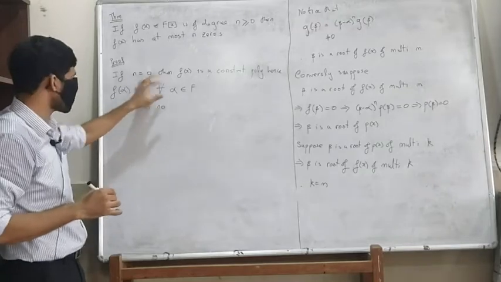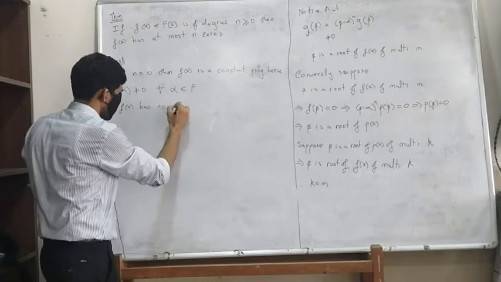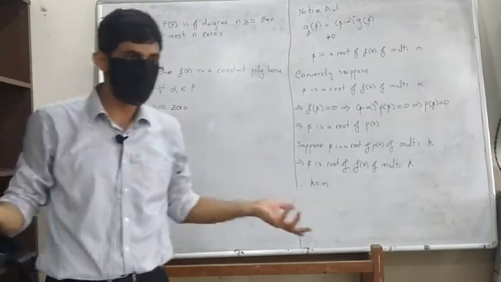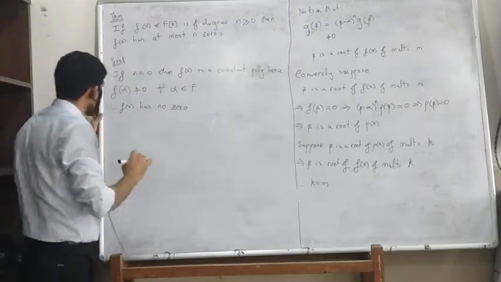It's a non-zero constant polynomial. So f of x has no zeros. It has at most 0 zeros, so it satisfies the criteria.